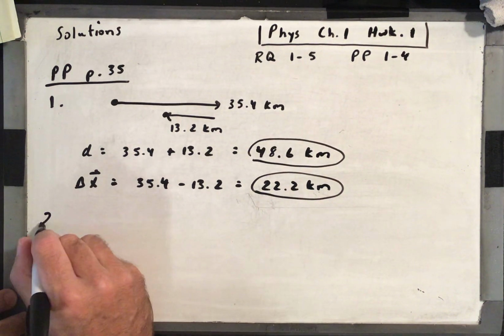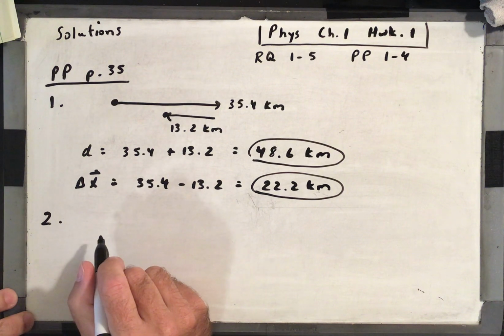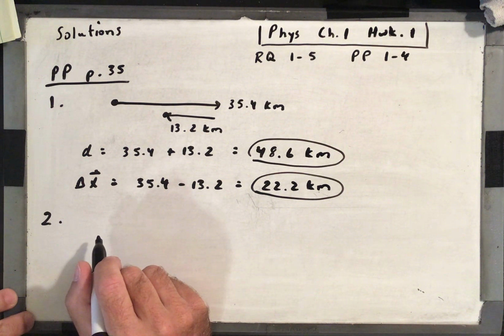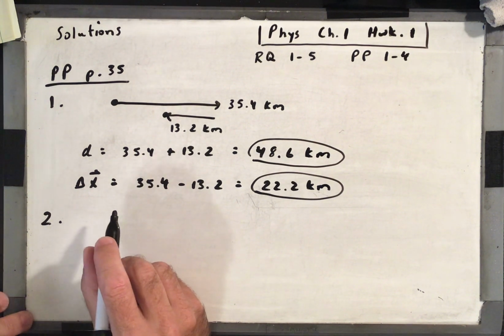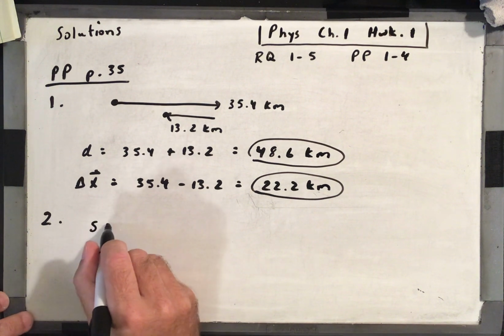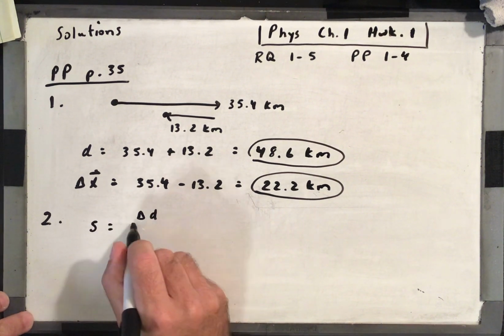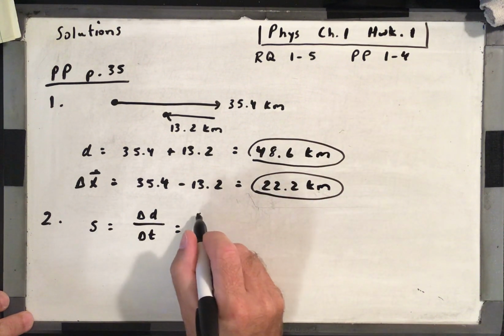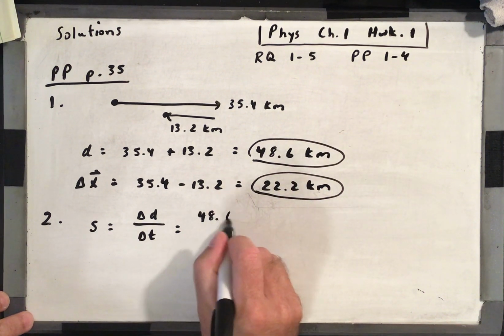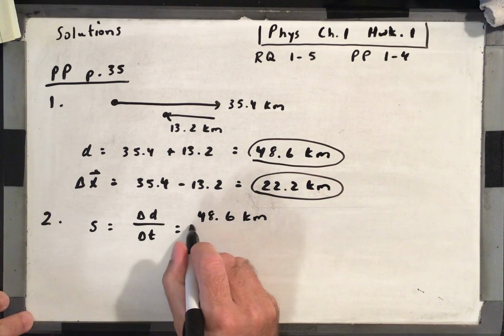All right, number 2 says if the driver in the above problem took 21.1 minutes to reach the delivery point and broke down 7.5 minutes into the return trip, what was the average speed? And then what's the driver's average velocity? All right, speed is change in distance over change in time. We know the change in distance was 48.6 kilometers.